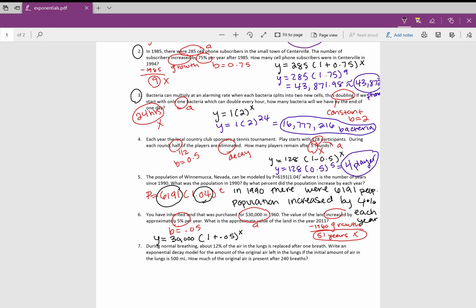Now we plug in 51 for x to see what we get. So 30,000 times 1.05 to the power of 51. Let's see how much this house is going to be worth.